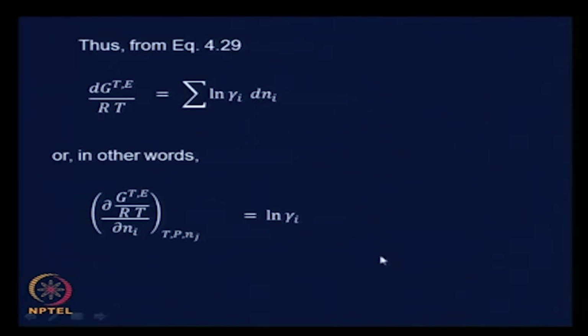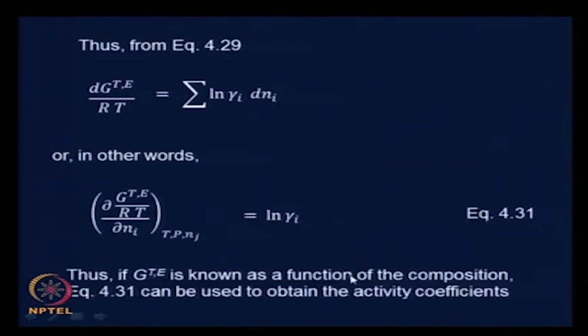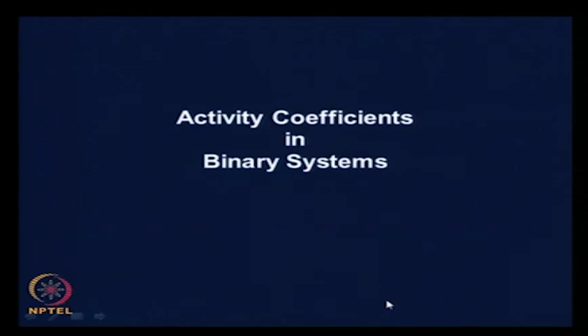We had used this as the basis to come up with models, or at least to see the models for obtaining activity coefficients if GE by RT is known as a function of composition. Earlier we saw some intuitive models.